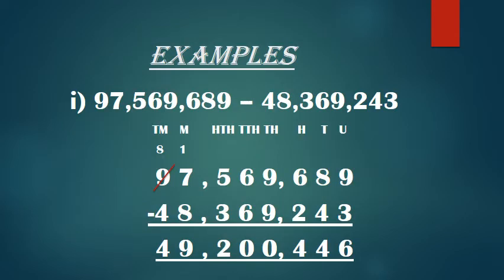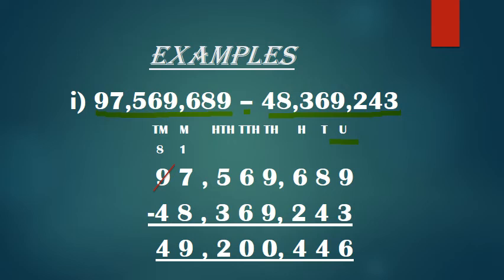Okay, my dear students, here is an example of subtraction: 97,569,689 minus 48,369,243. So let's start from the units place.